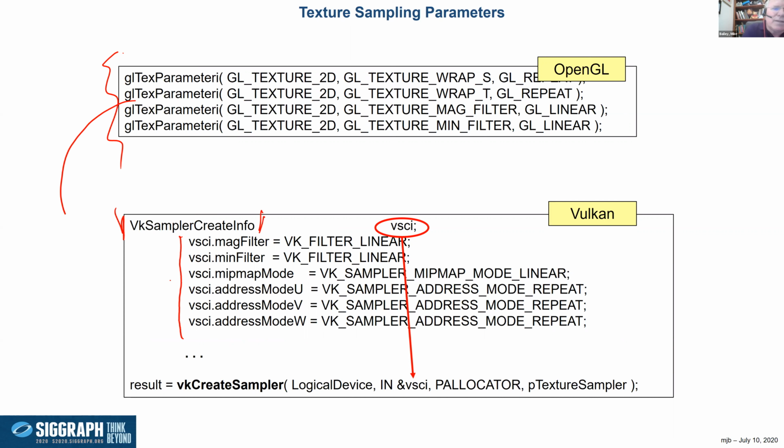Basically, this is the same as that. And from that, we create a sampler. So roughly the same process you're used to, only a little bit more explicit. And clearly, you could create a bunch of these sampler variables that had different combinations of these parameters, and then just bring up the right one at the right time.